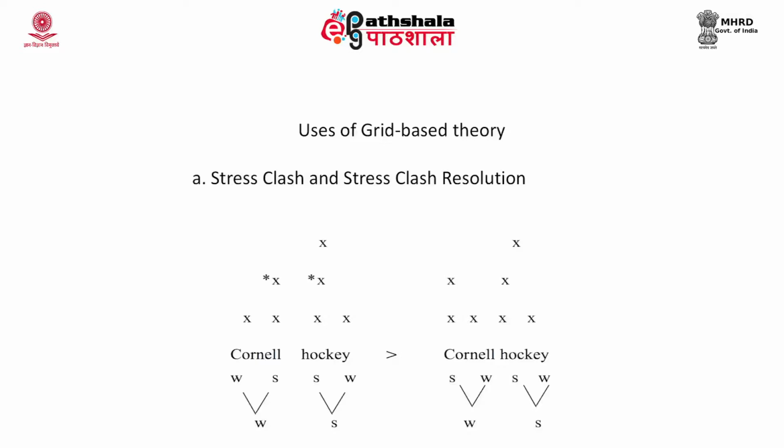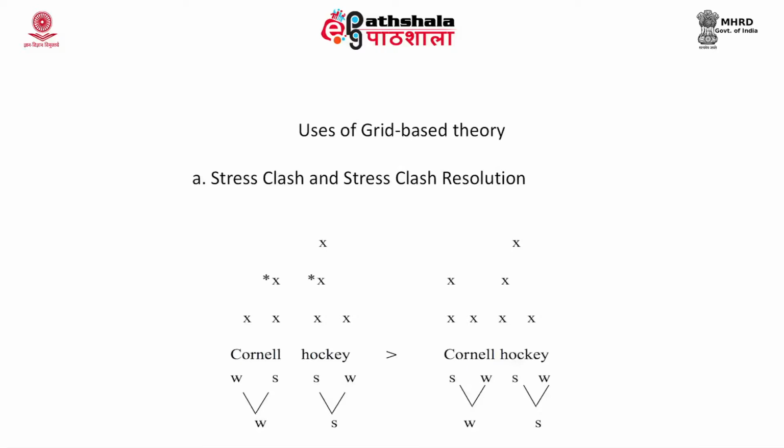What are the uses of grid-based theory? In the grid-based theory, what we find easy to explain are notions such as stress clash, stress clash resolution, and stress lapse. Sometimes we notice that the regular stress pattern in a language changes when there is word formation, or when words come together in a compound word, etc., or within a phrase.